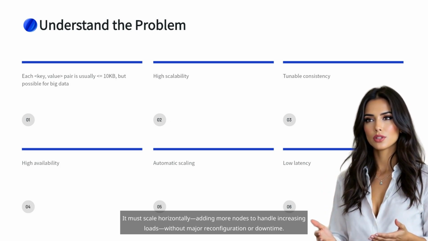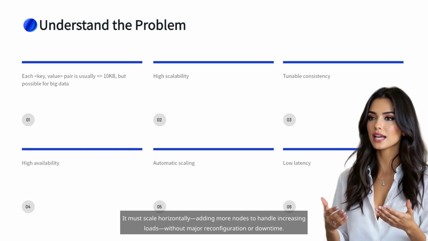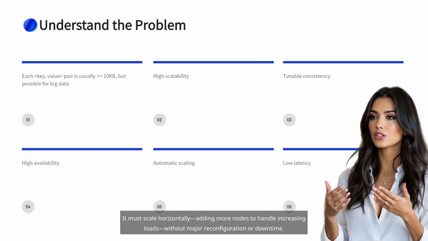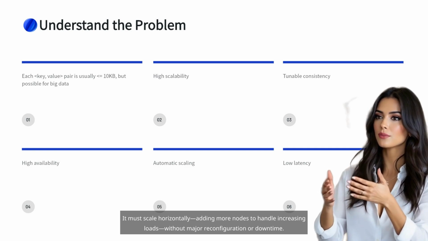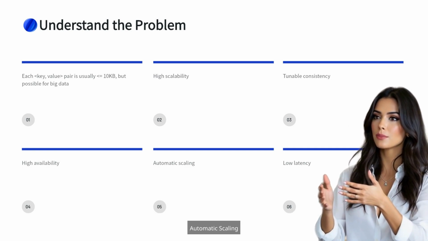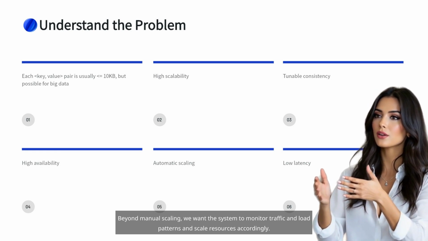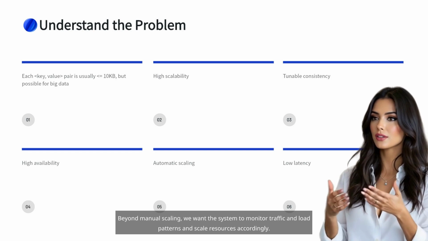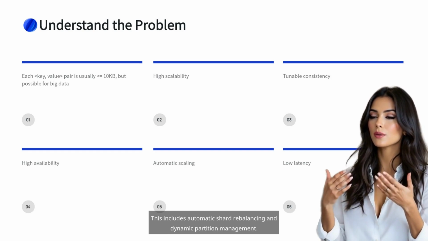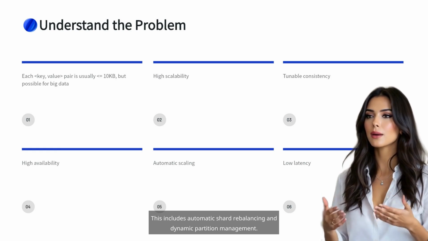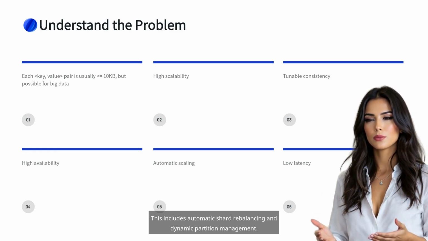It must scale horizontally, adding more nodes to handle increasing loads, without major reconfiguration or downtime. Automatic scaling. Beyond manual scaling, we want the system to monitor traffic and load patterns and scale resources accordingly. This includes automatic shard rebalancing and dynamic partition management.